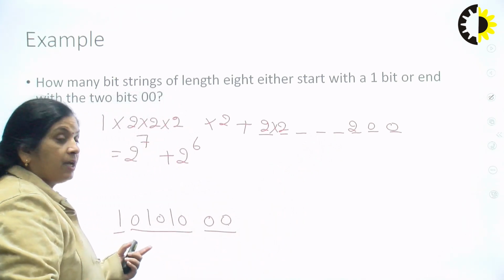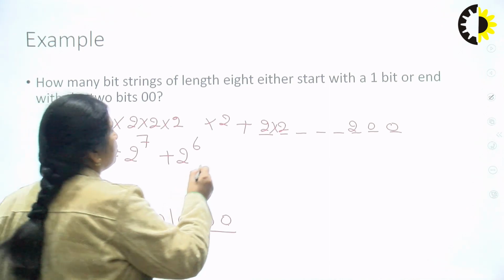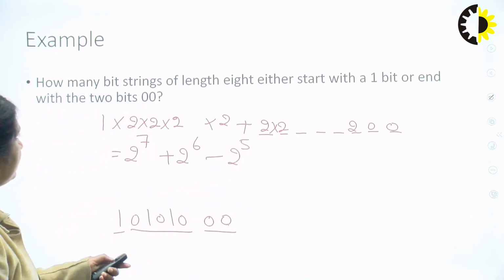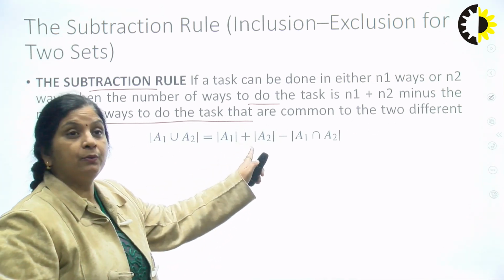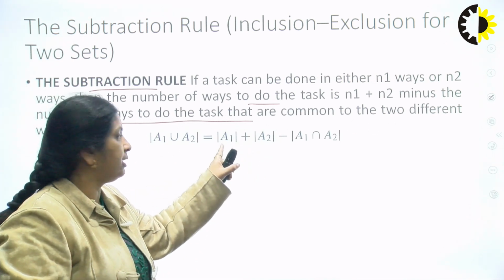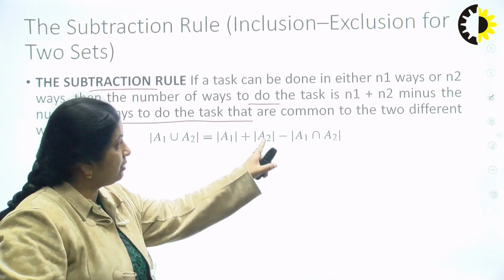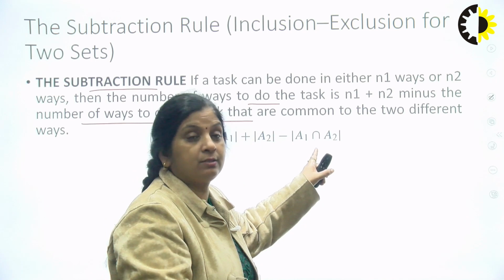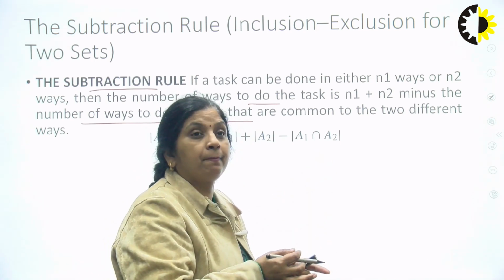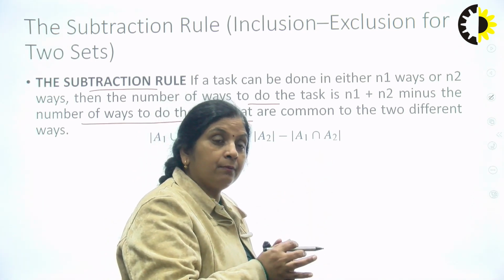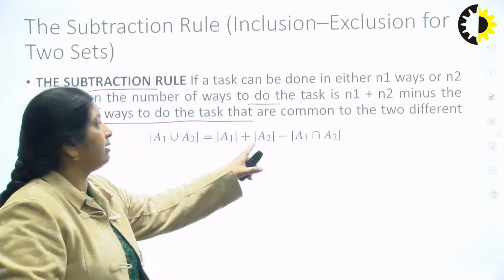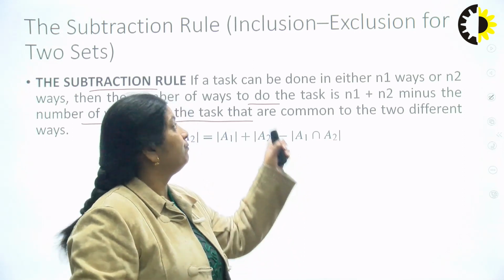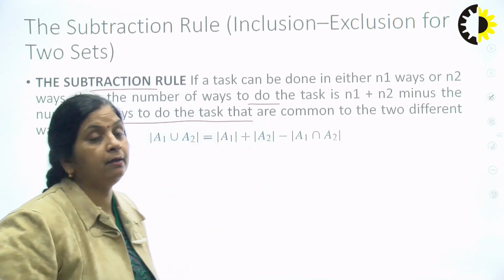So this type of string has been counted twice, so we need to subtract it. This is the principle of inclusion and exclusion. We are including all in A1, we are including all in A2, but we are excluding those which are present in both. It means the strings present here and here both have been counted twice, so we need to subtract once. This is the rule of inclusion and exclusion.